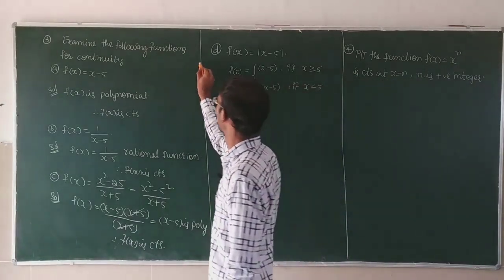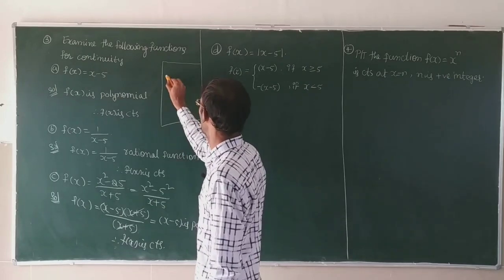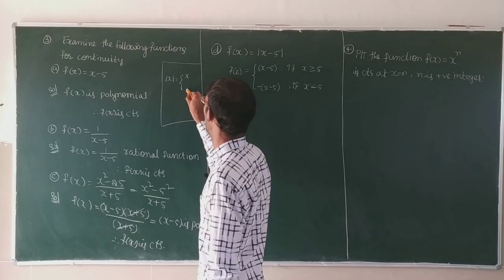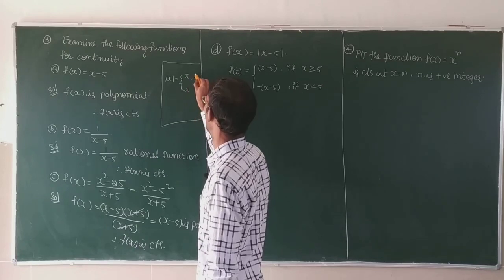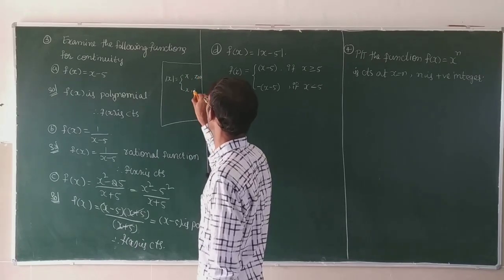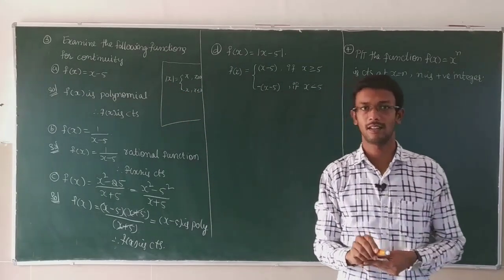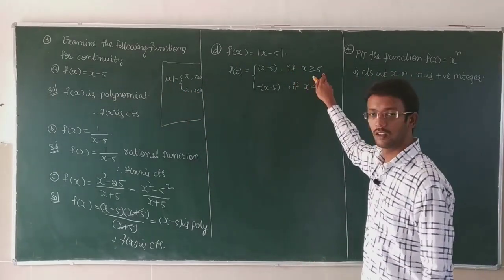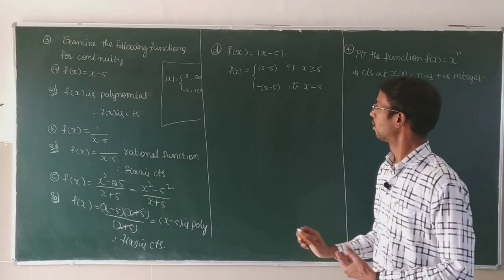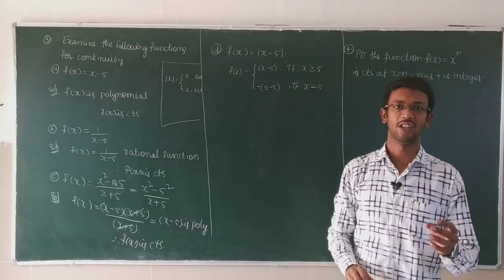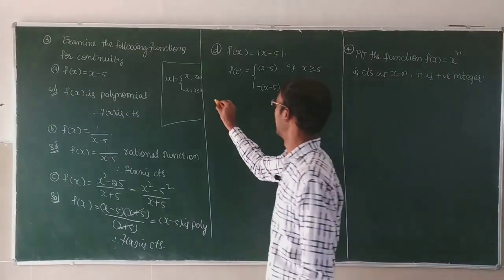Simply, the mod function: mod x is equal to x when x is greater than or equal to 0, and minus x when x is less than 0. Here 5 is there, so we have to write the number 5. So now we check that a less than or greater than symbol is there, so LHL and RHL we have to find.